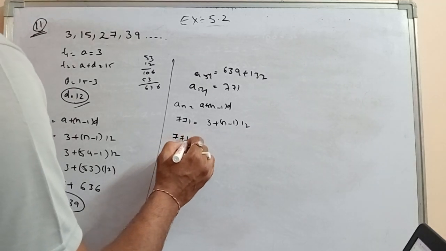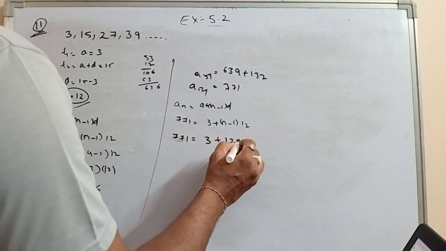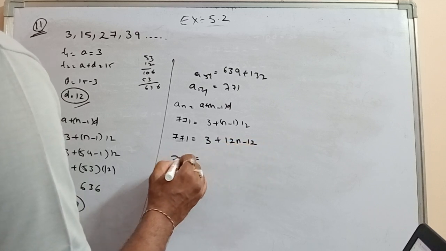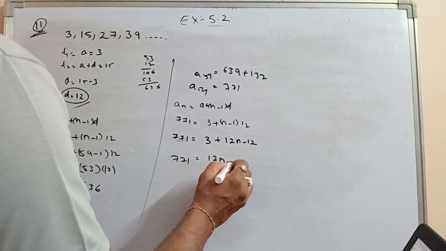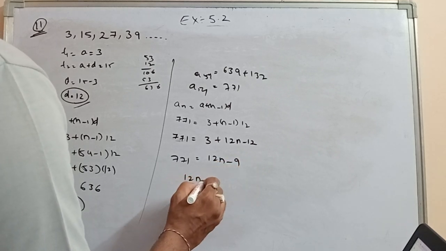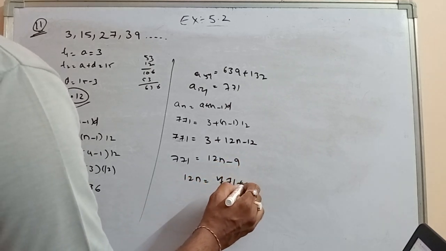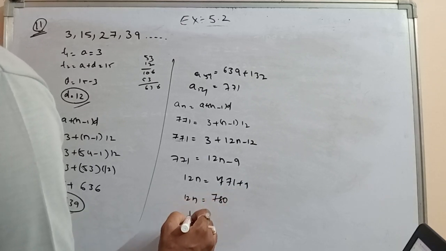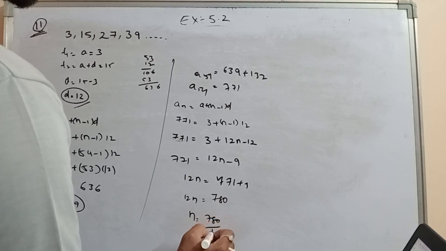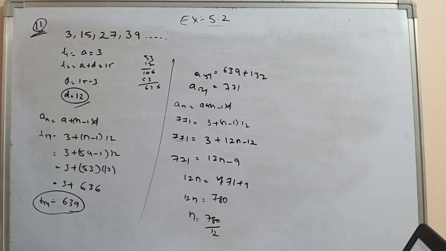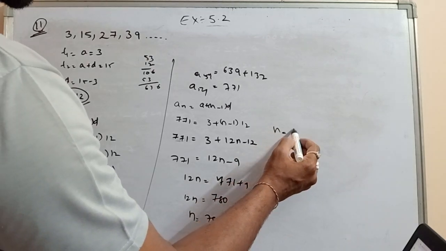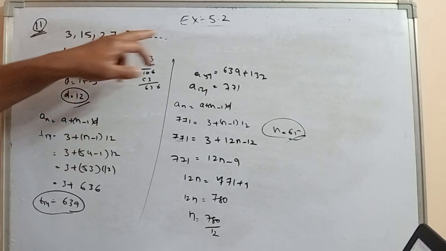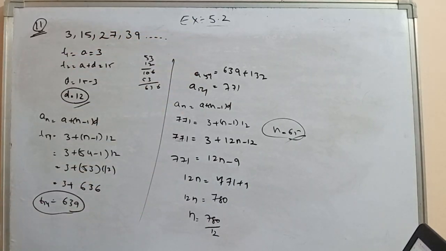So 771 is equals to 3 plus 12n minus 12. 771 is equals to 12n minus 9. 12n is equals to 771 plus 9. 780 is 12n. n is equals to 780 divided by 12, that is 65. So n is equals to 65 is the answer. The value of n, the last term, is 65.